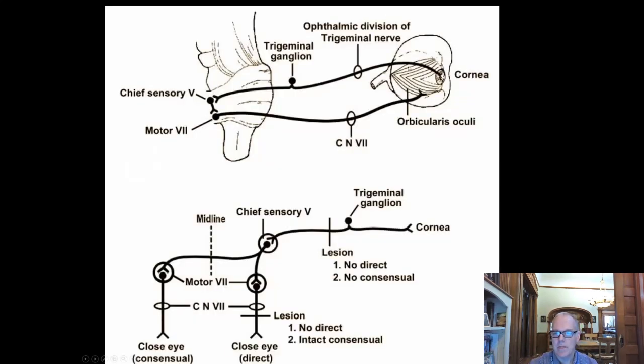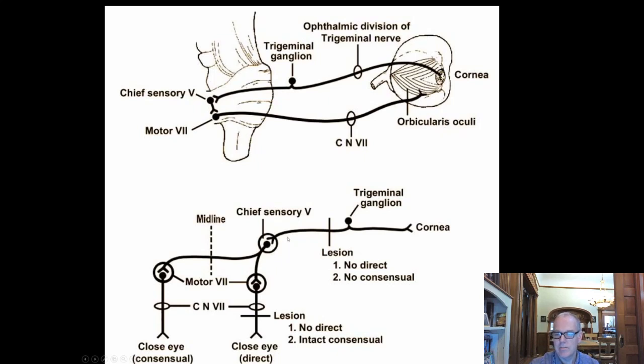All right, so remember the ophthalmic division supplies the cornea. So when you touch the cornea, this information goes in to the principal or chief sensory trigeminal nucleus, which then stimulates bilateral facial nerve nuclei, which goes out to close both eyes via the orbicularis oculi. Remember, 7 closes the eyes.